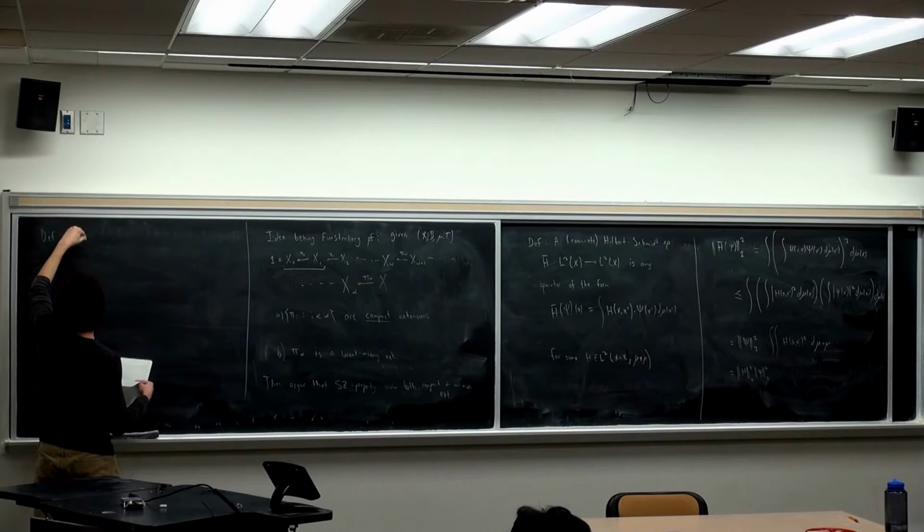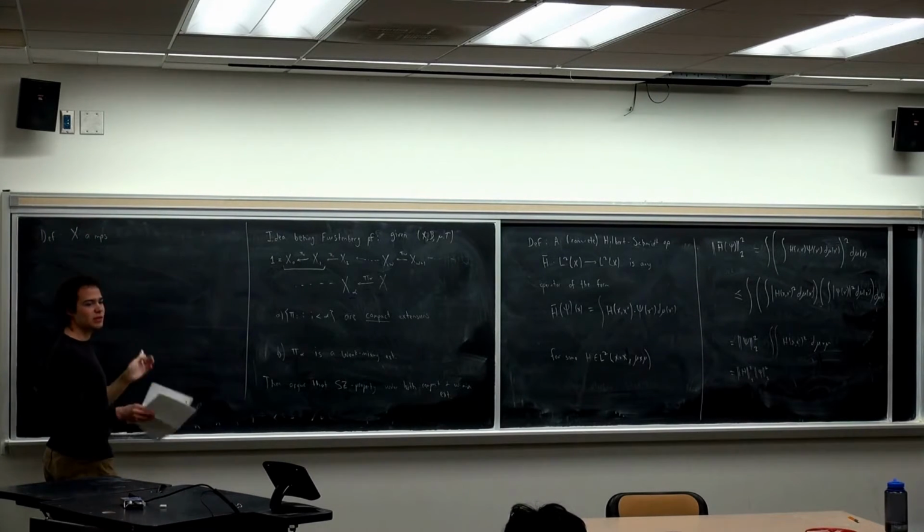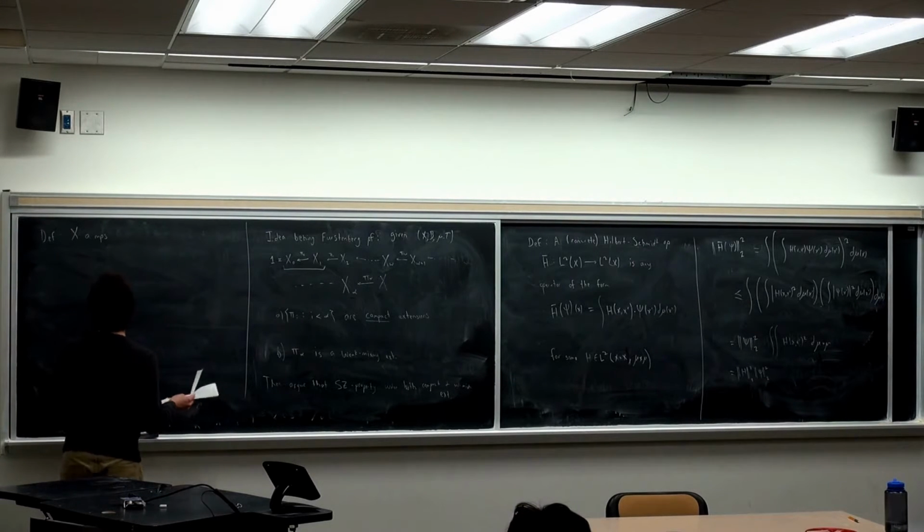So let's say that X is a measure-preserving system. I'm just going to suppress the B, mu, T, that's all understood.